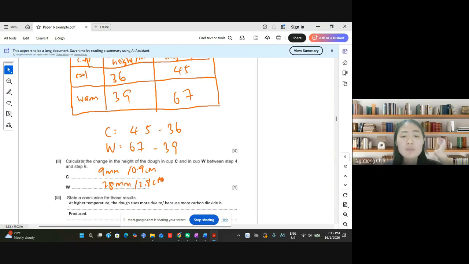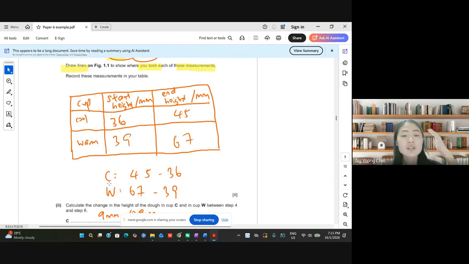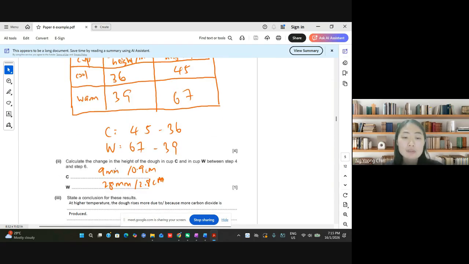And then they ask you to calculate the change in the height of the dough in cup C and cup W between step 4 and 6. So that's why you need to subtract, because you want to find out whether the height is increasing, remaining constant, or decreasing.